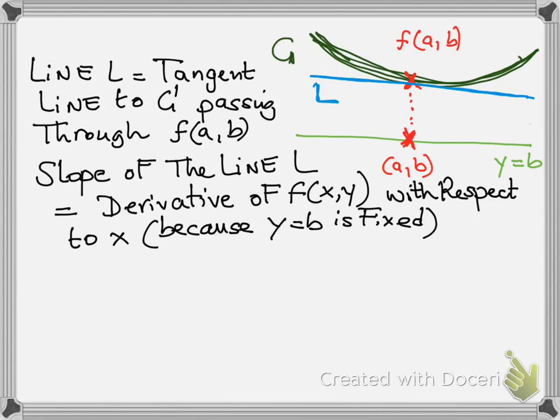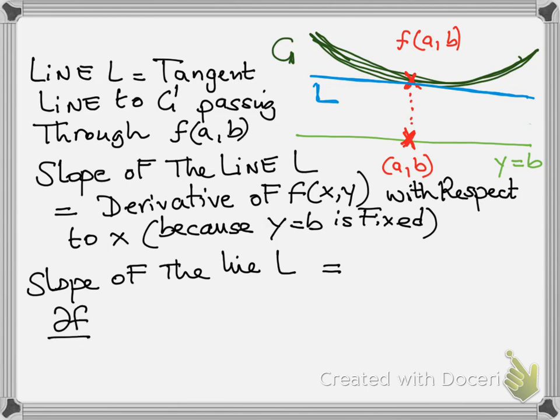So this slope of the line L, by definition, is a partial derivative, the derivative of f with respect to x. This is the notation for the derivative of f with respect to x.